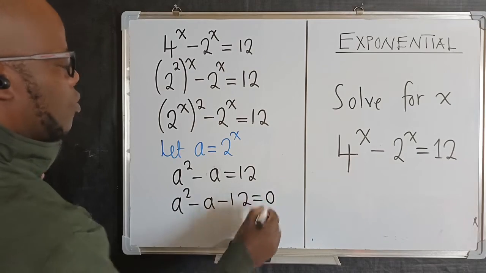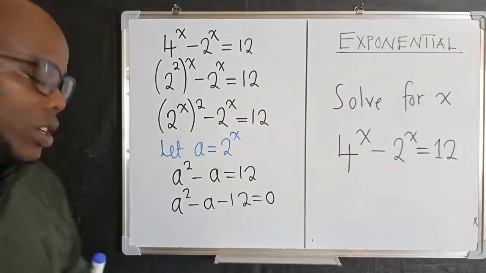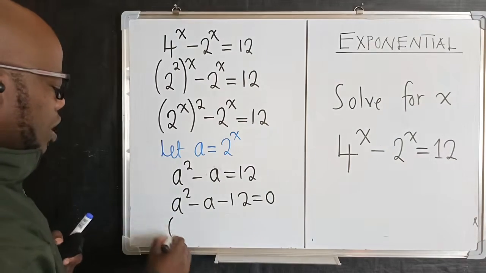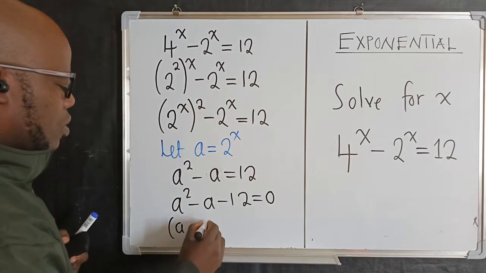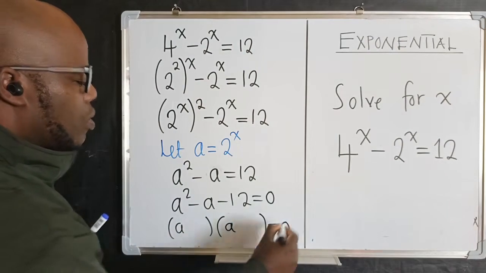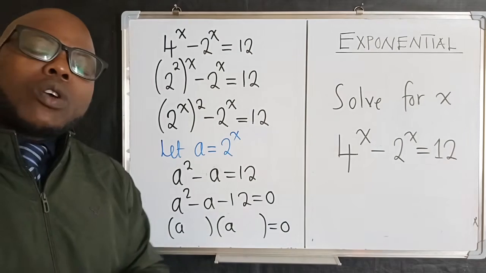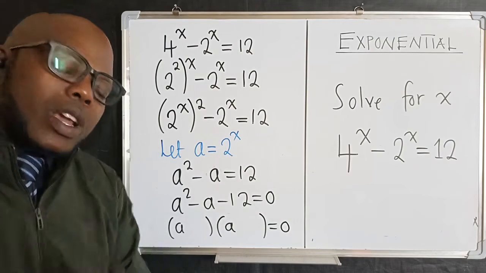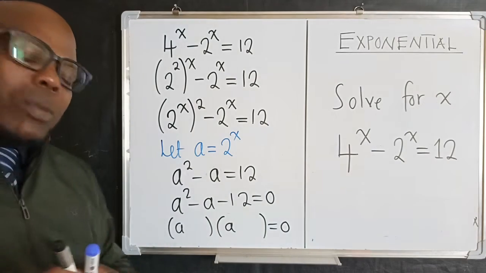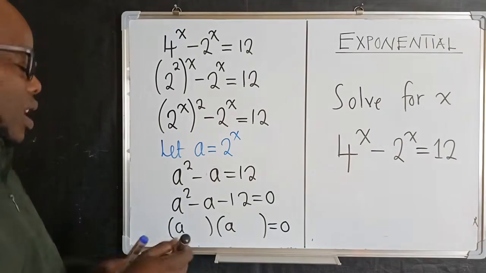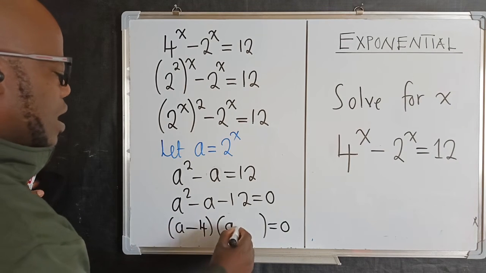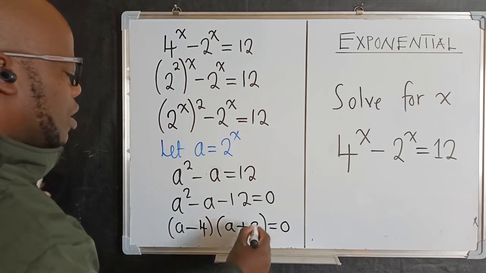So we've got a quadratic equation right over here. To solve it, we write a here, then put the brackets, (a )(a ) equal to 0. We think of two numbers such that when we multiply them, they give us negative 12, and when we add them, they give us negative 1. Those two numbers are negative 4 and positive 3.